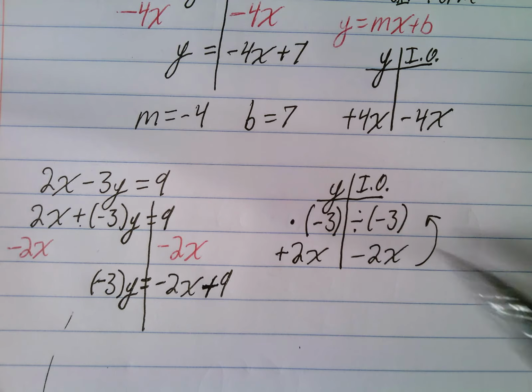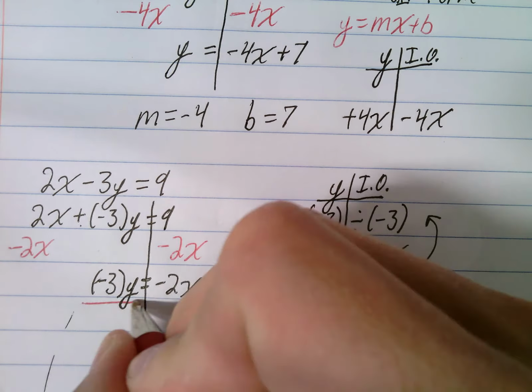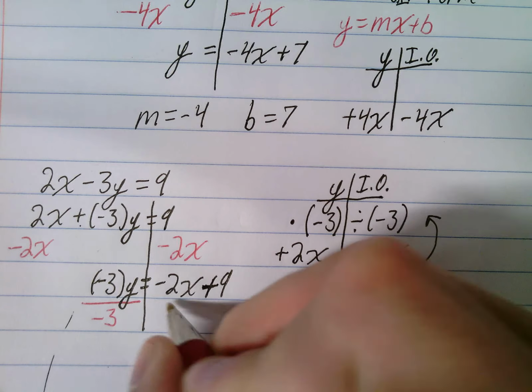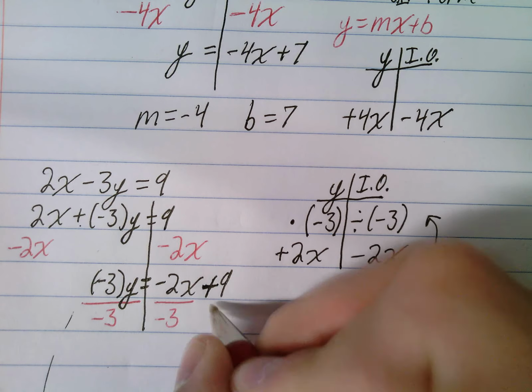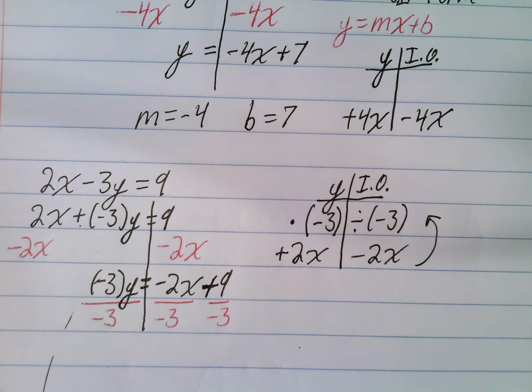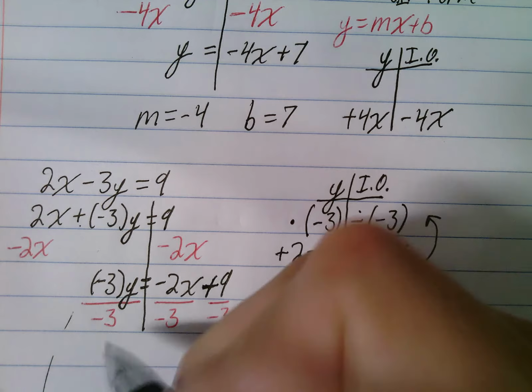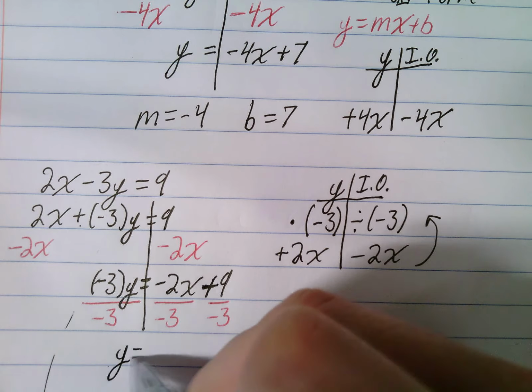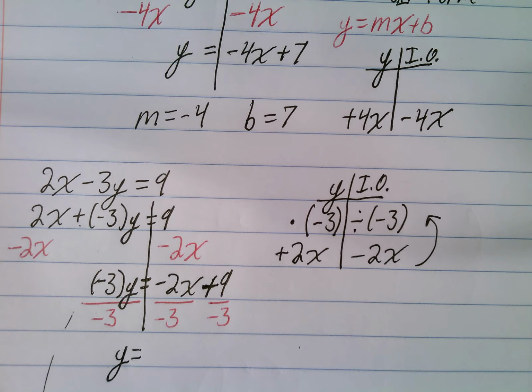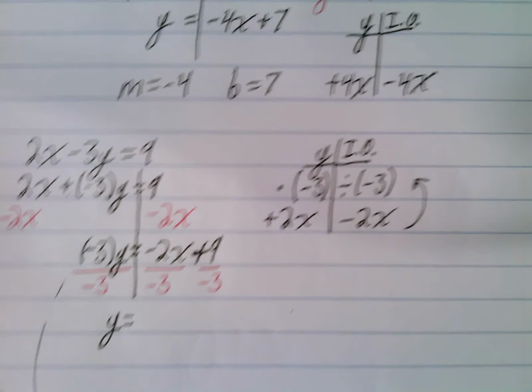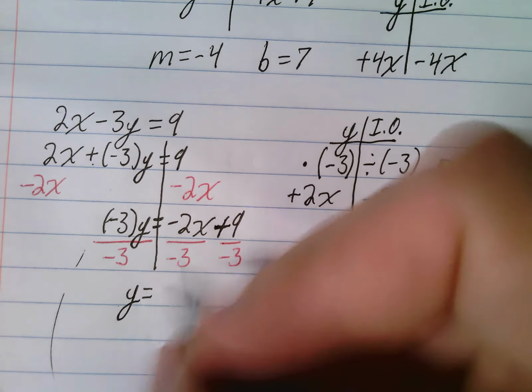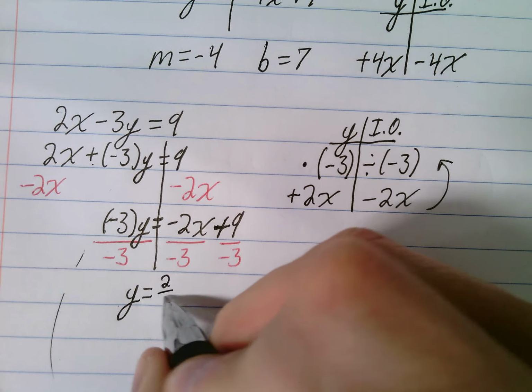And then if we look at our table, it says the next thing to do is divide by negative 3. I'm going to have to divide each piece by negative 3. What's a negative divided by a negative? Positive, so this will be positive 2/3 x.